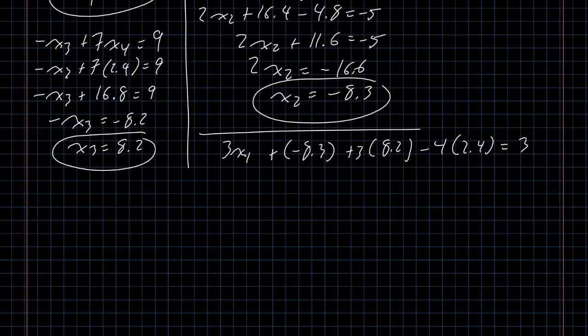And when I multiply this out, all right, 24.6 minus 9.6 is 15.0. Subtract a further 8.3, and you're going to get 6.7.